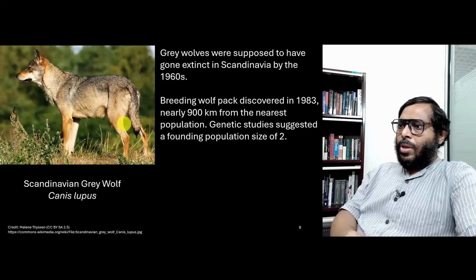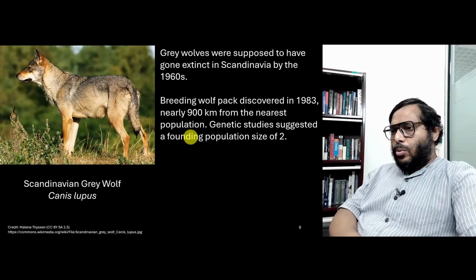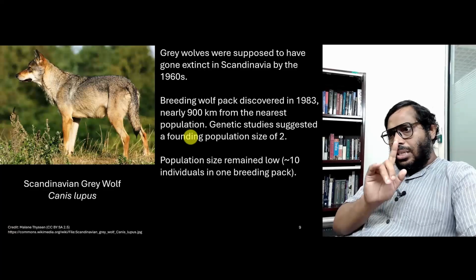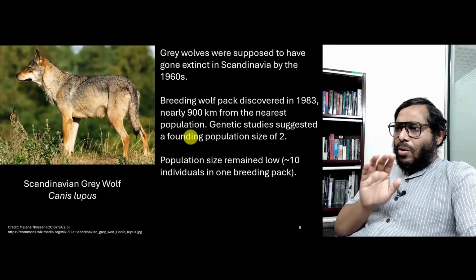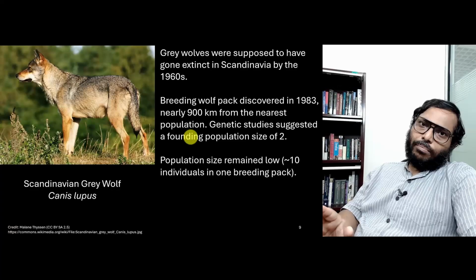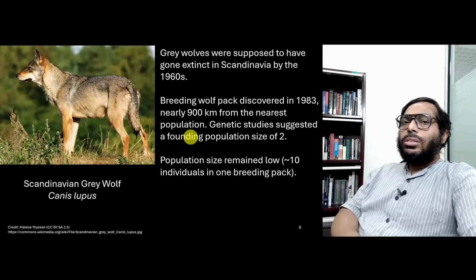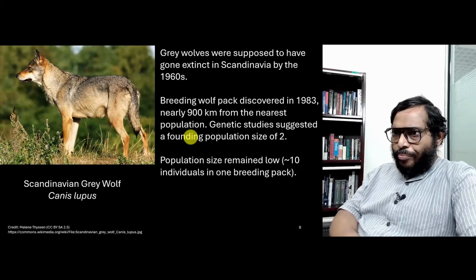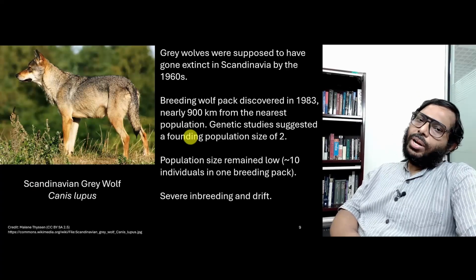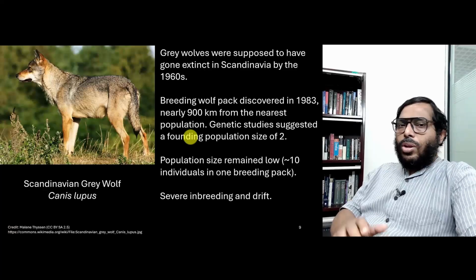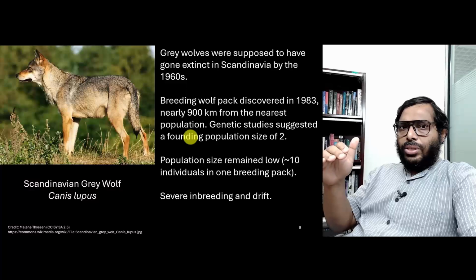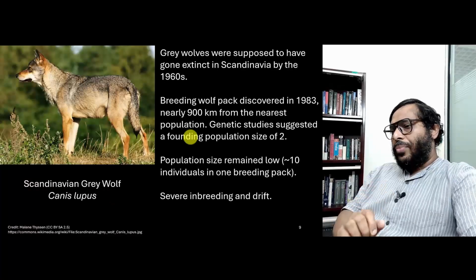Now, the size of this pack remained low, and it just remained as one pack, and at best the highest it reached was about 10 individuals in one breeding pack. Because the population size was so low, this pack suffered a heavy amount of inbreeding and drift. We know this from genetic evidence that their allelic variation was going down drastically.